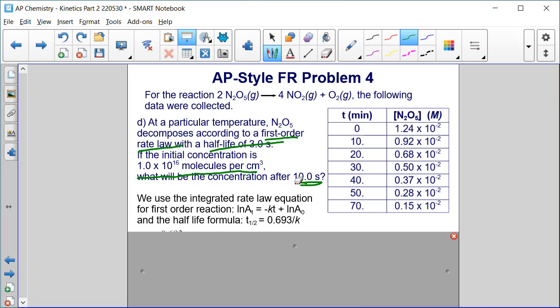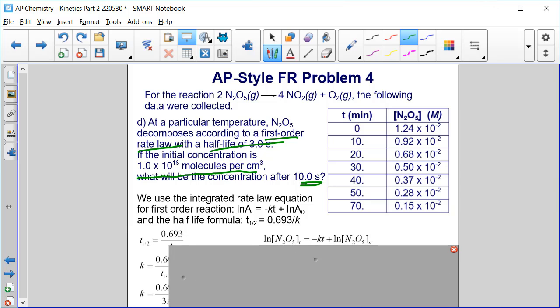So we need a couple of equations. We need the integrated rate law equation for a first order reaction. Remember, you have this on your equation sheet. The natural log of concentration of A at some time t is equal to minus kt plus the natural log of the initial concentration. And the half-life formula for a first order reaction, 0.693 over k.